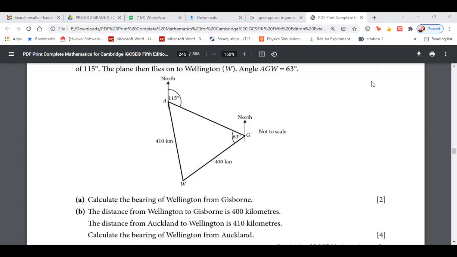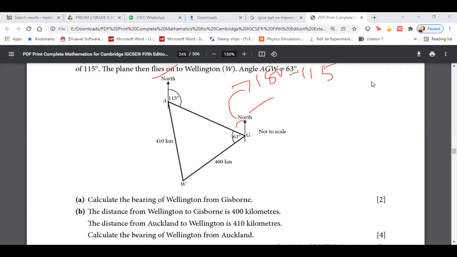Yes, sir. Okay, first of all, what I can see over here is that I have these two norths. This one is 115. I can simply find this angle, and this angle will be 180 minus 115, right? How much is that? Quickly tell me. 65. Not 065, that is my intermediate answer.